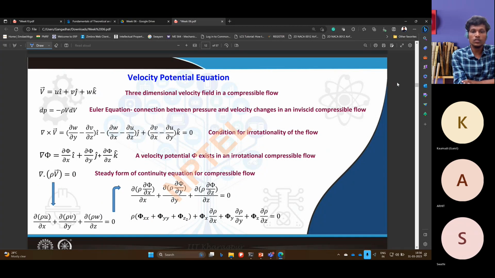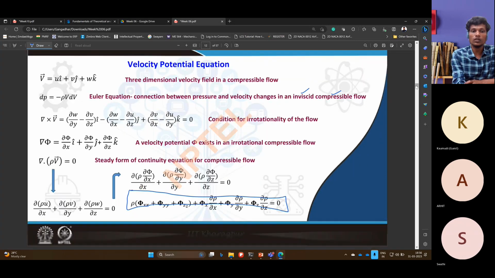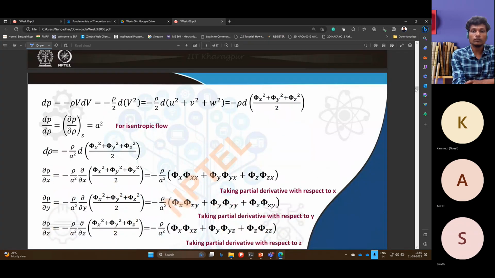This is the velocity potential equation, mainly applicable for supersonic flow conditions. It is derived for that particular condition only, where your flow should be inviscid and compressible. We derived this velocity potential equation for subsonic conditions also, but in that situation we ended up with only a simple Laplace formulation instead of this entire big equation.